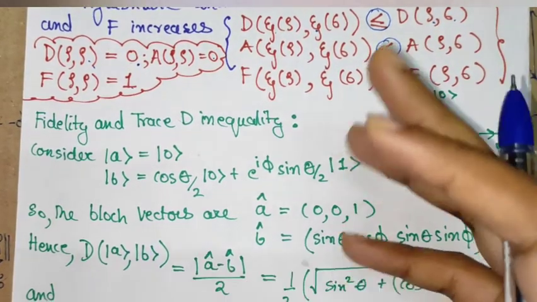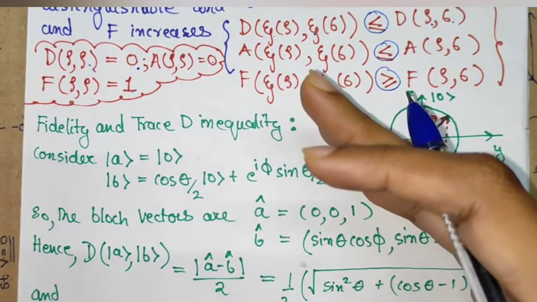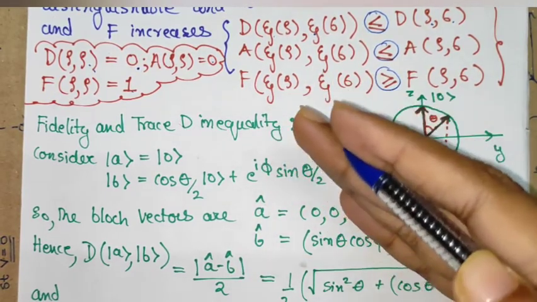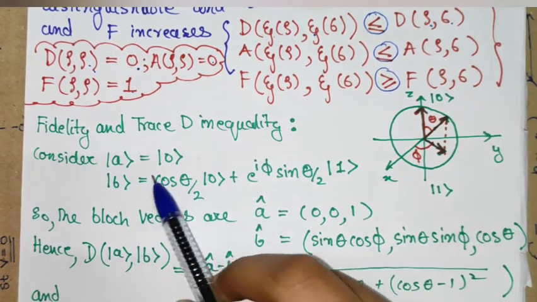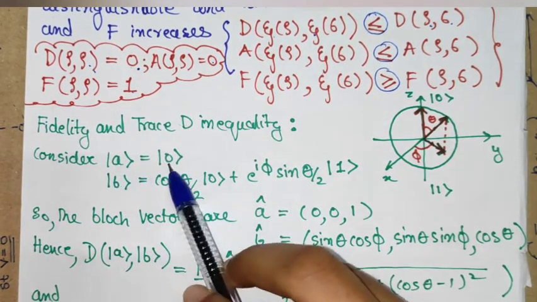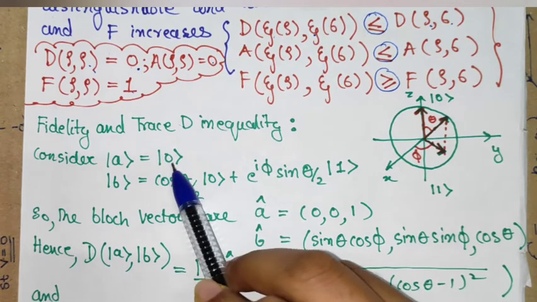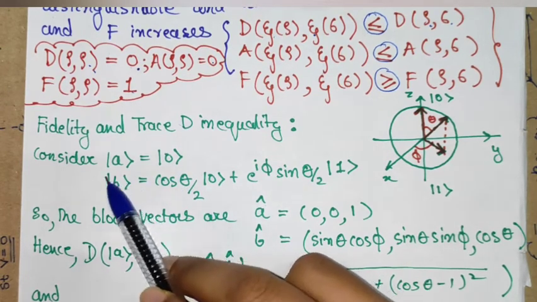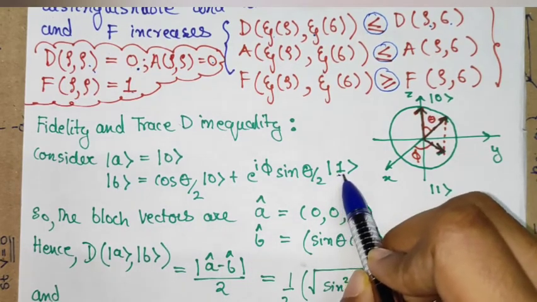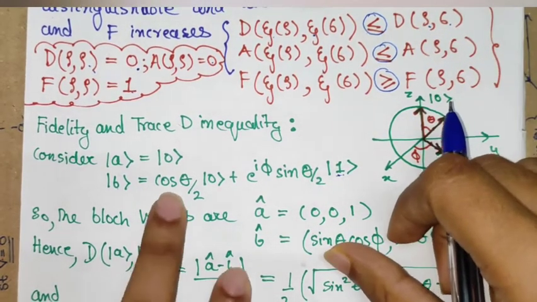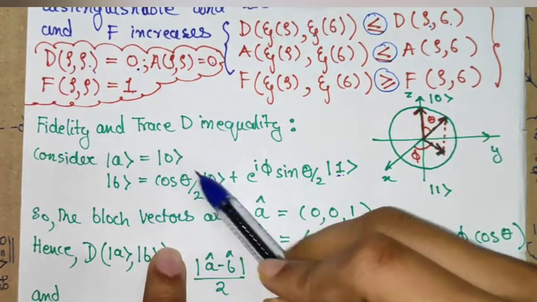Consider two states. When we have two states, we can separate the orthogonal parts of the states, and without any loss of generality, one of the states can be named 0, and you can remove the 0 part from the other state and name the other part 1. So these are the two states.